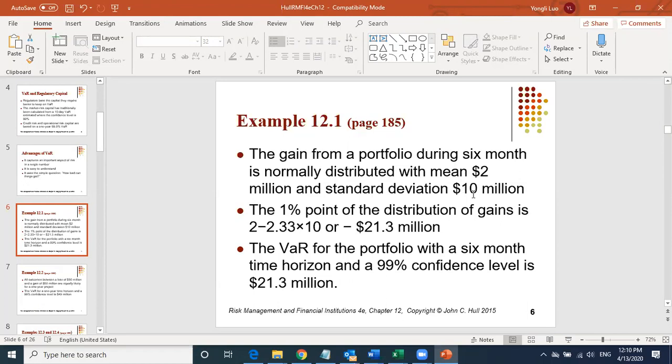So the question is, what is the 1% point of the distribution of the gain? In other words, it is the 99% confidence level.